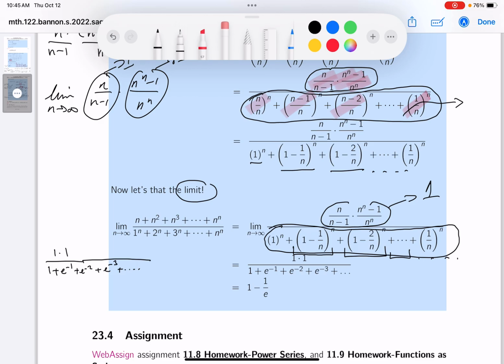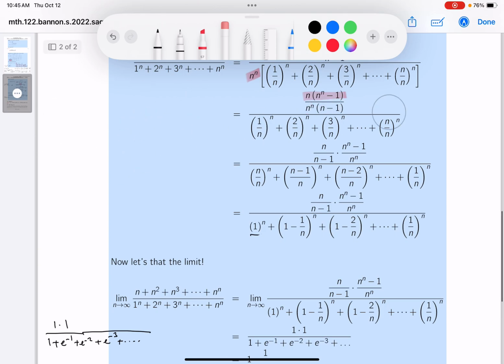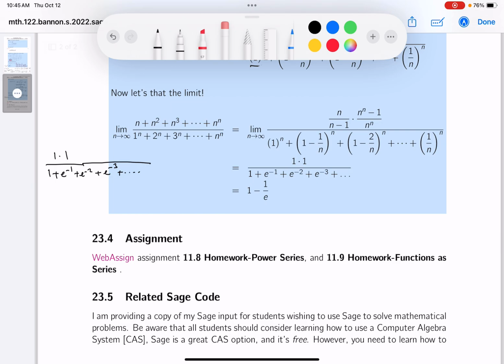Let me get my eraser out, and I'm going to start talking about that bottom thing. And the bottom is a sum. And what kind of sum is it? It's a geometric sum. And I want to go through that with you. All right, the geometric sum I'm getting on the bottom is going to be 1 plus 1 over e plus 1 over e squared.